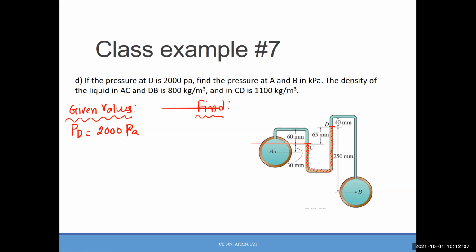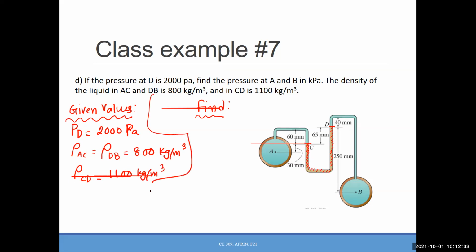Okay. So we know the density of all the fluids, right? So density of AC equals density of DB equals 800 kg per meter cube, and density of CD equals 1000 kg per meter cube.